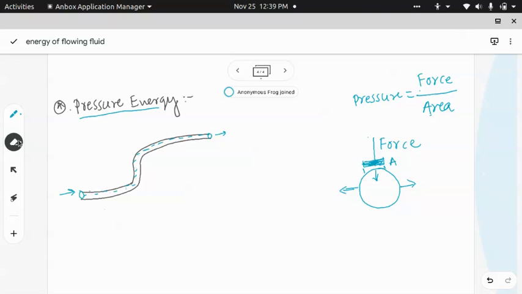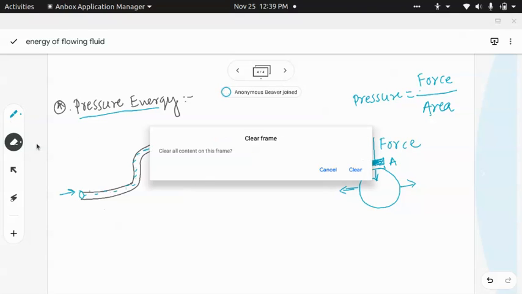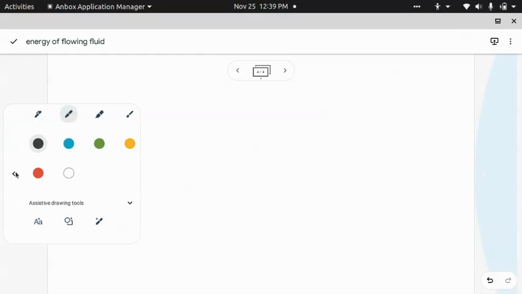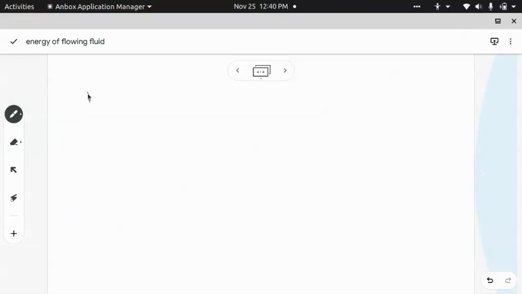So I will rough it out on the board, and I will write once again pressure. Okay, I will draw one diagram.